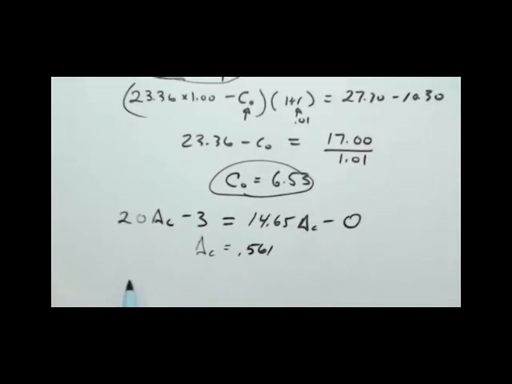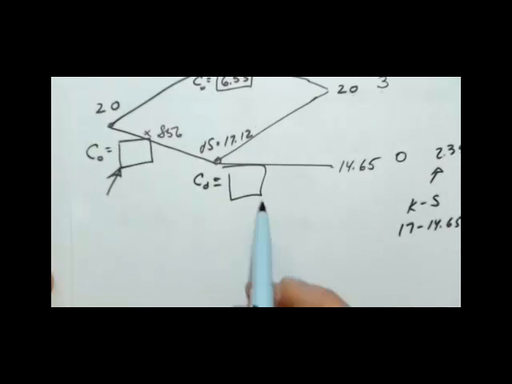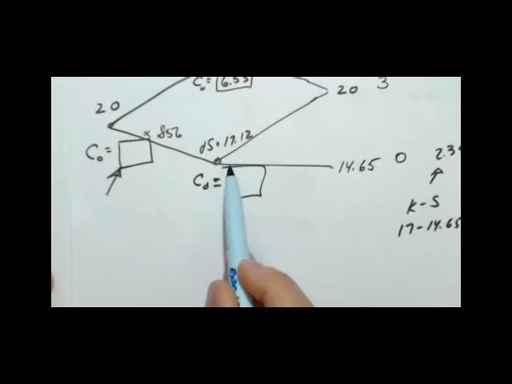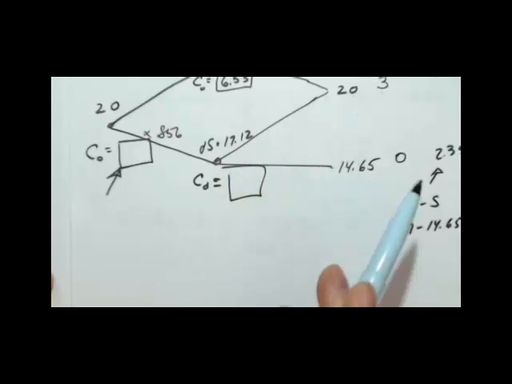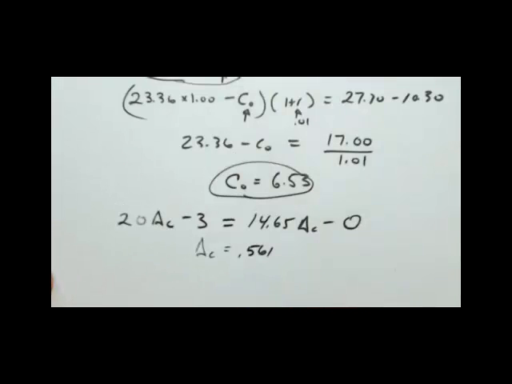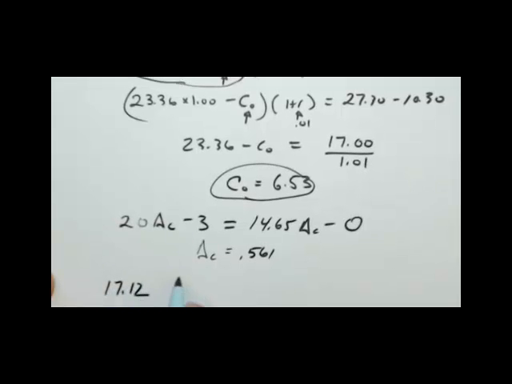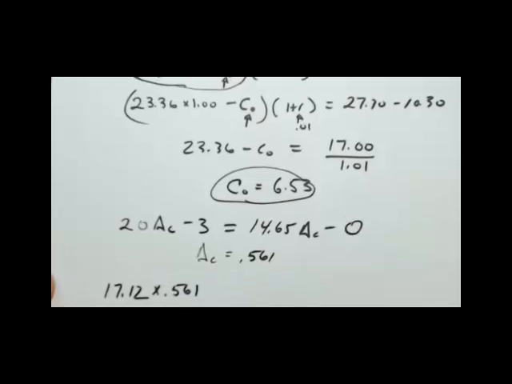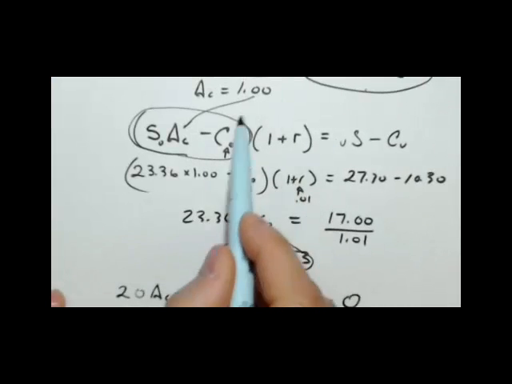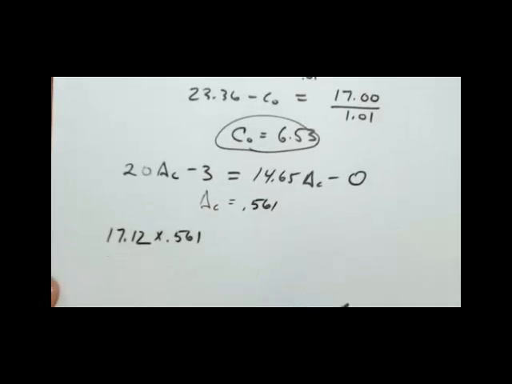Now, I'm going to form a riskless hedge at this node again. I'm going to form a riskless hedge right here. And I don't care if it goes up or it goes down because it's a riskless hedge. So I'm going to take the stock price, 1712, multiply it by 0.561. I'm doing the same math I did up here, except on different nodes.